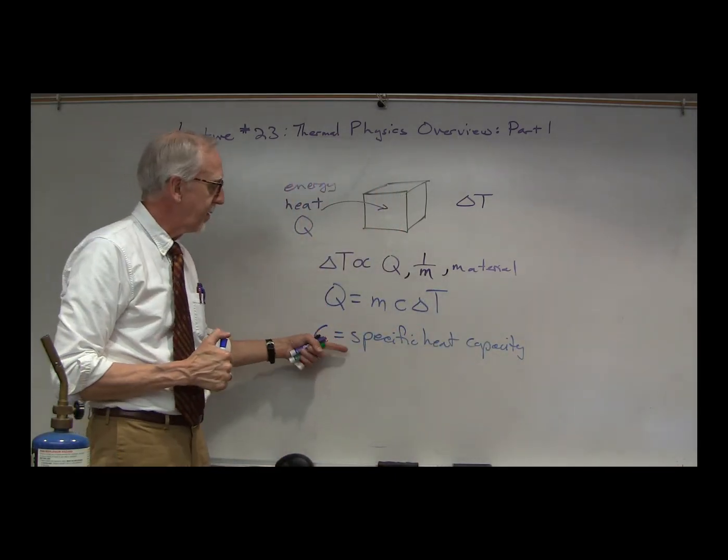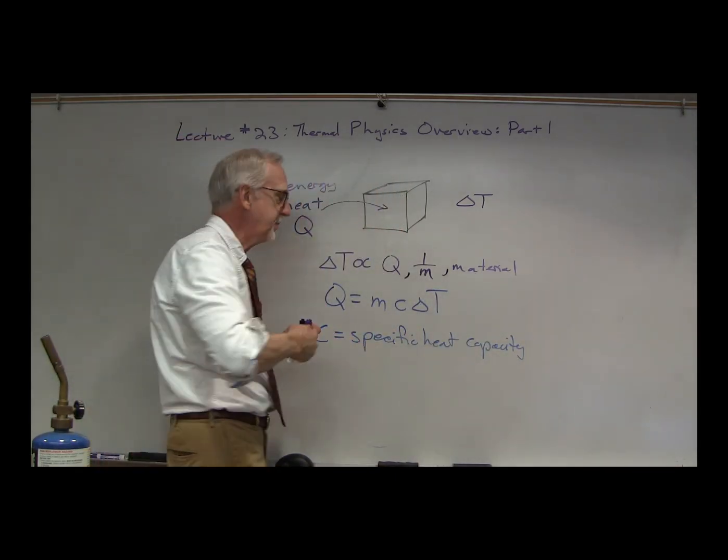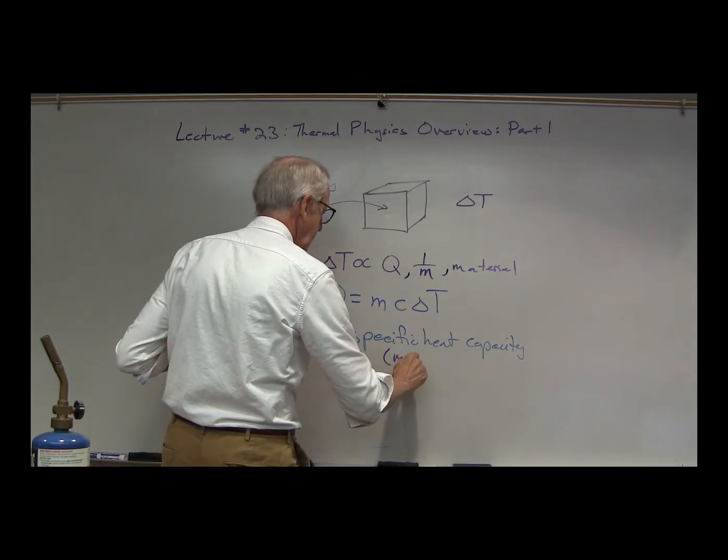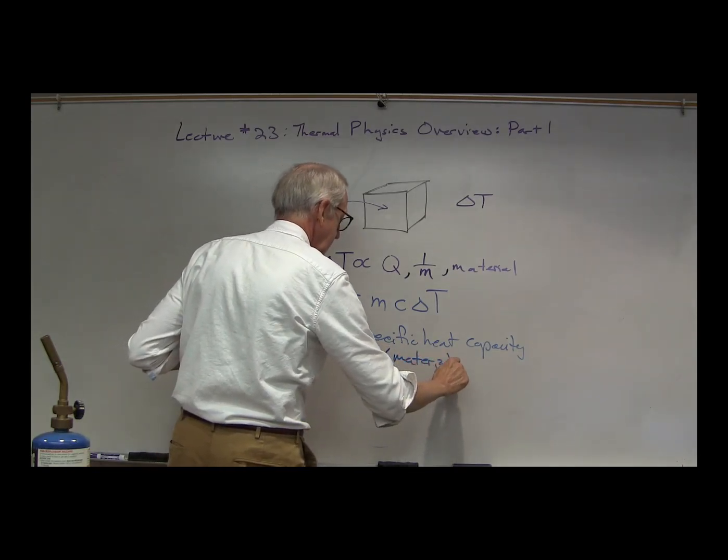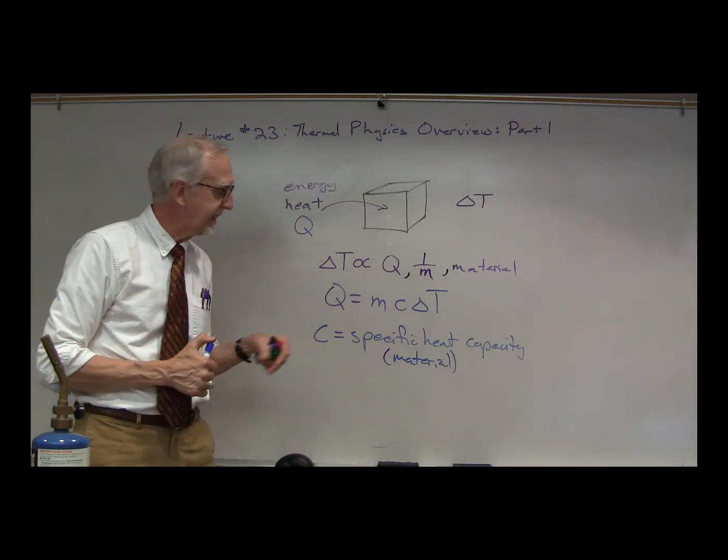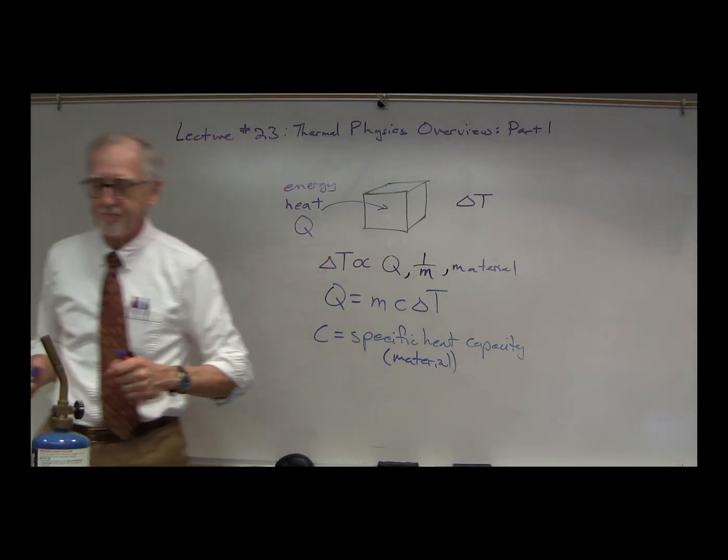And that is going to depend on the material. So different materials will have different heat capacities. Okay? So let's stick some numbers in here and see what we get.